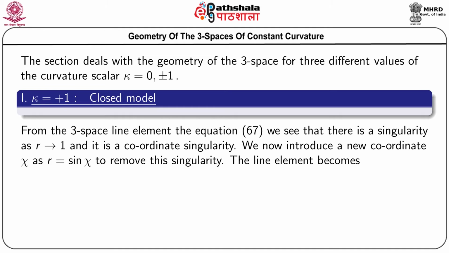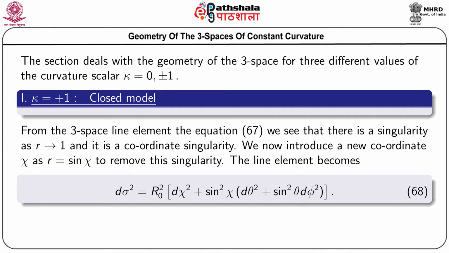Now, we introduce a new coordinate χ as r equals sin χ to remove this singularity, and the line element becomes dσ² equals r0² within the third bracket dχ² plus sin²χ within the first bracket (dθ² plus sin²θ dφ²).